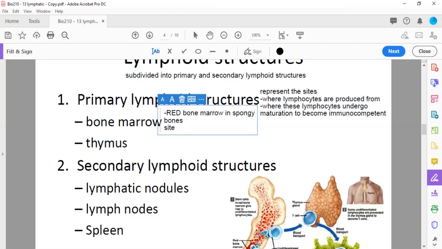The bone marrow represents the site where the lymphocytes, the B and the T lymphocytes, are produced.